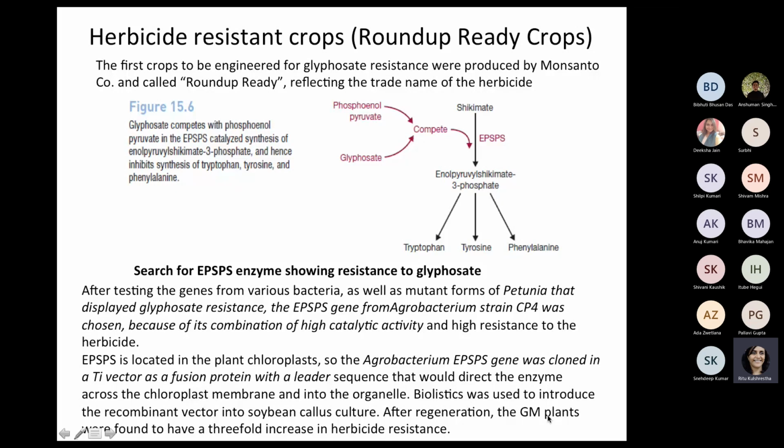After regeneration, when they got the transgenic plant, it was found to have threefold increased herbicide resistance as compared to the control, which was good enough. So these were some of the early Roundup Ready crops, the name given to these herbicide resistant, more specifically glyphosate resistant, crops, developed by Monsanto.